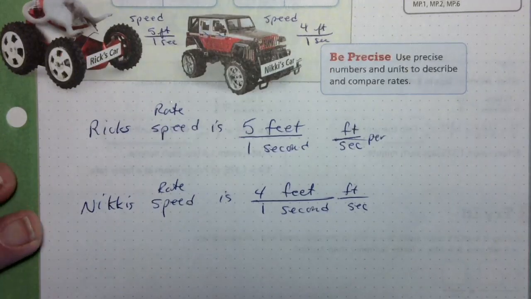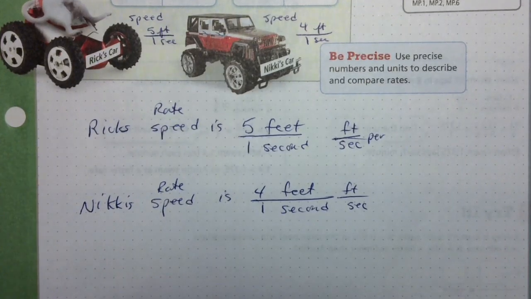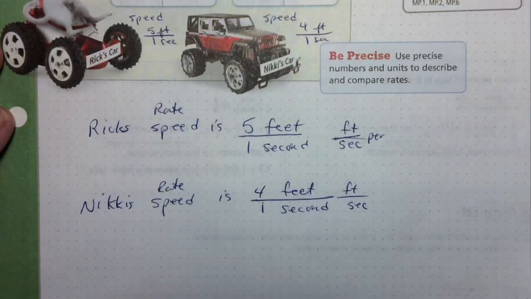Okay? Now, when you're in a car and you look down and your mom's going 55, she's going 55 miles per hour. That means miles is in the numerator, hours is in the denominator. Okay?